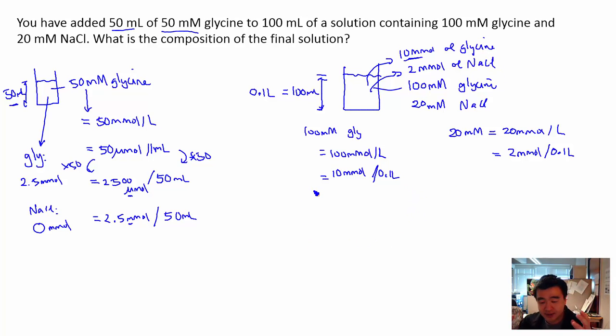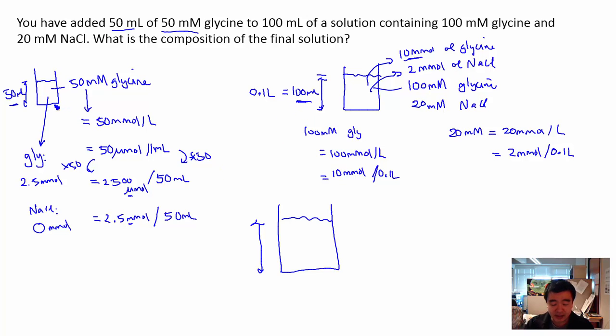So when these two are combined together, this will be the final solution. The final volume will be 100 milliliters plus 50 milliliters, so this will have a final volume of 150 milliliters. Now in terms of the glycine, there's 2.5 millimoles coming from the first solution, and 10 millimoles coming from the second solution.